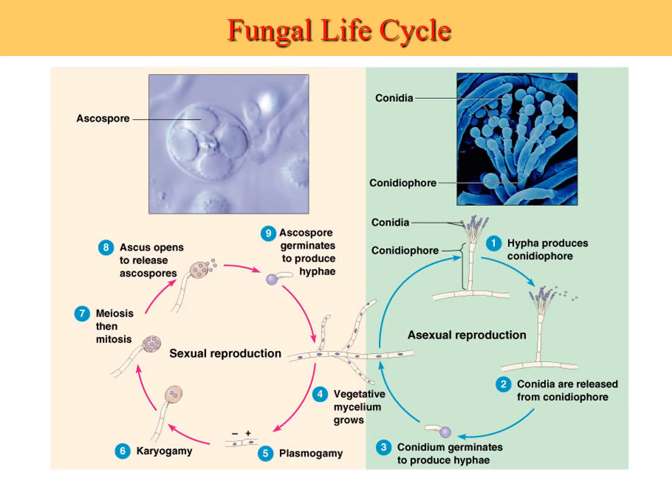Now, different groups of fungi have a life cycle, and typically there's a sexual cycle and an asexual cycle. This is one example. These are a type of fungus that has what's called an ascus. That's its key point. The differences between different types of fungi mostly reside in the structure that holds the spores.